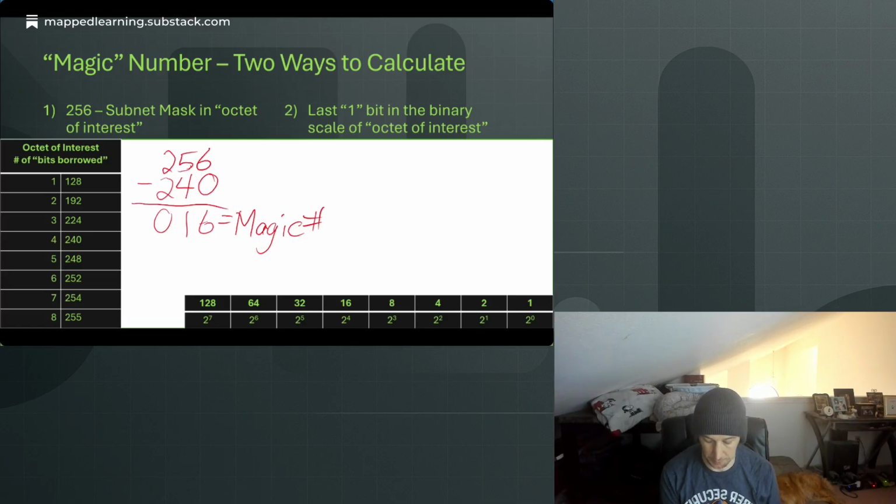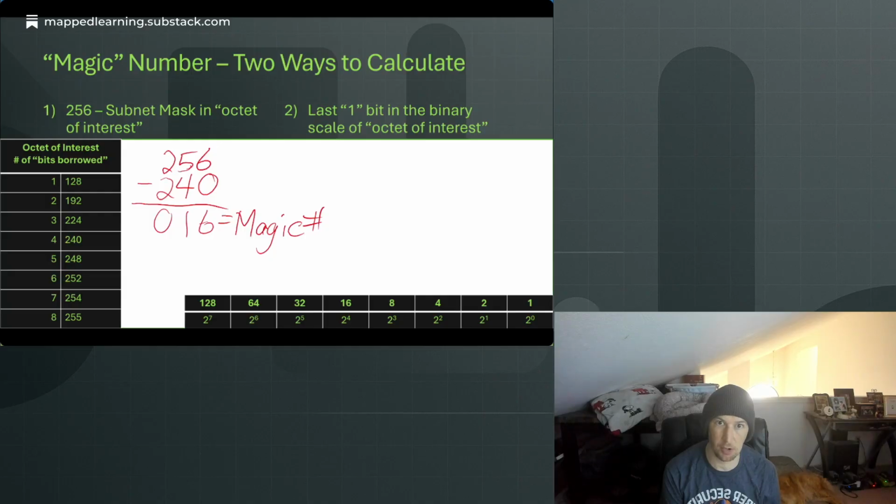If we did 248, then the magic number would be 256 minus 248, which is 8. But in this case, the magic number is 16, and that will get me into the second way to calculate the magic number.